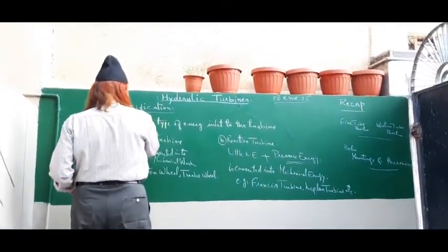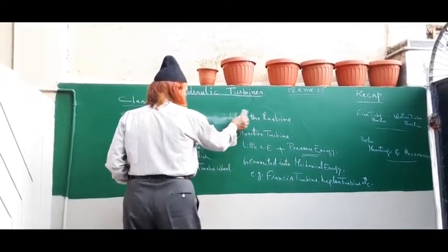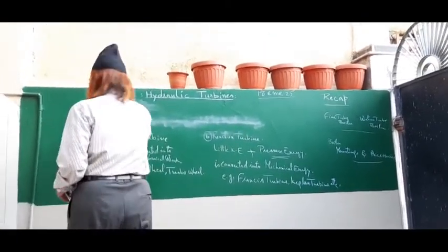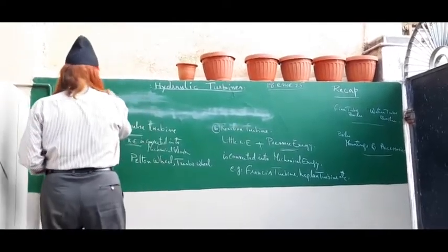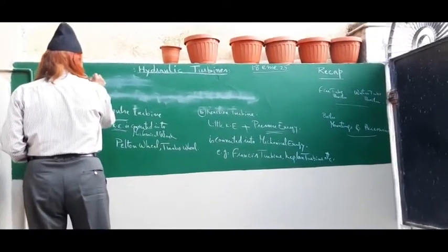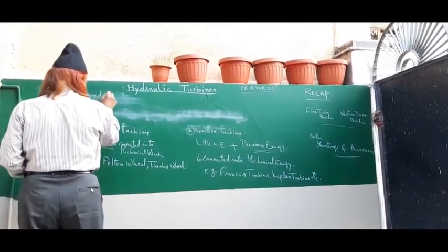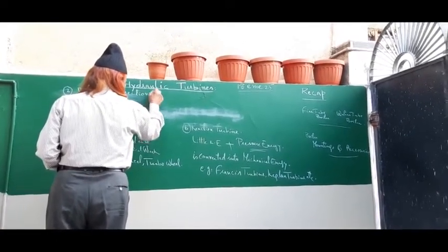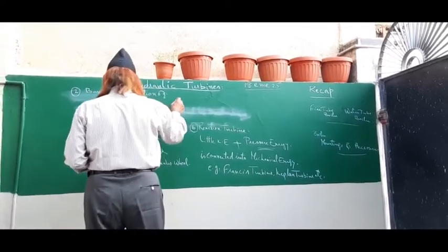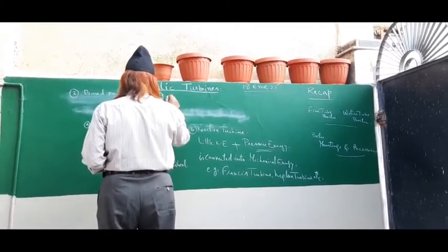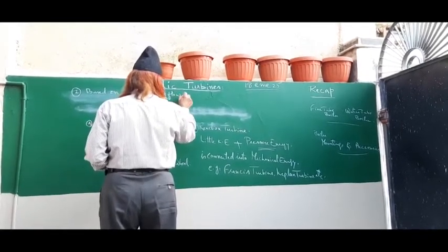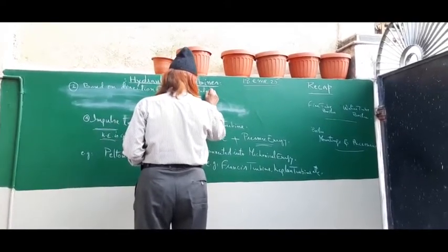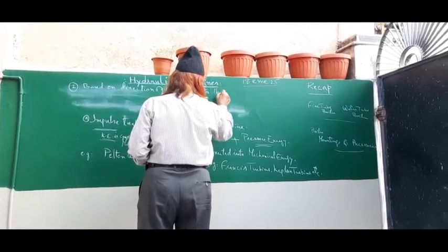Based on the second classification we will take, the directional flow of water through the runner.